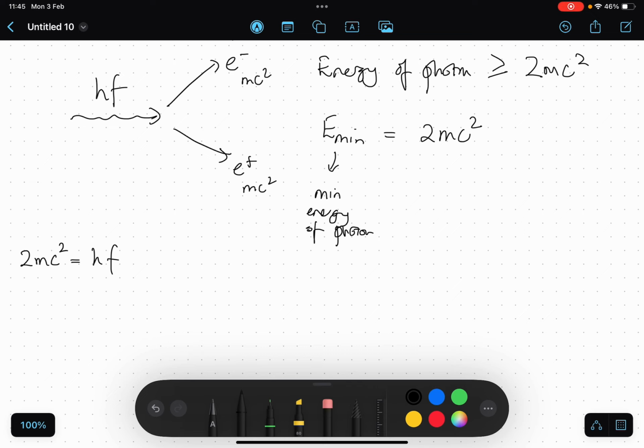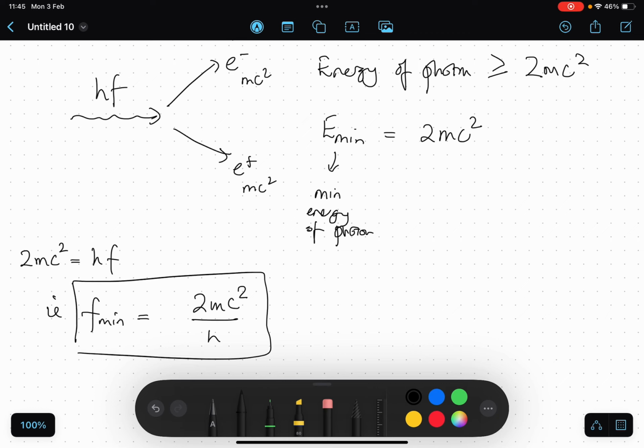So the minimum frequency is going to be 2mc squared over h. Why is it the minimum frequency? Because if you think about your photon equation E equals hf, energy is directly proportional to frequency. So the minimum energy corresponds to the minimum frequency.